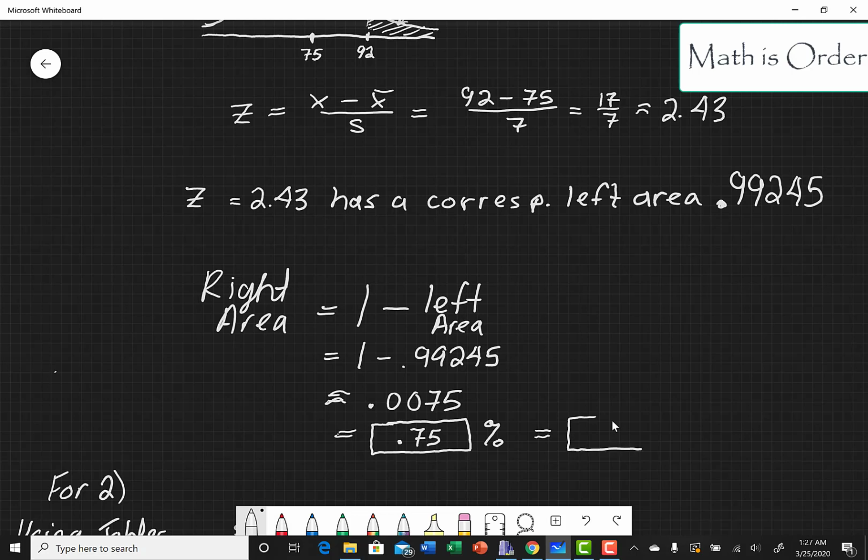And then they might even say, what is this value as a percentage after you round to 1 decimal place?